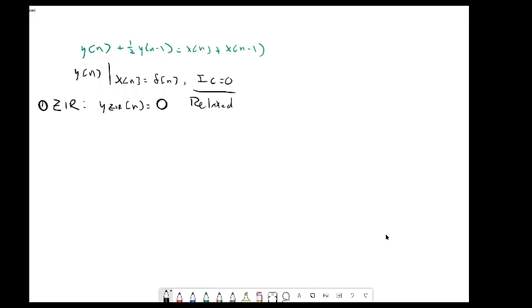So we don't have to worry about 0 input responses, which is kind of nice. And if we want to go after the 0 state response, well, first we have to demote our equation to a single input case, which we can do pretty easily. y of n plus 1/2 y of n minus 1 equals x of n.